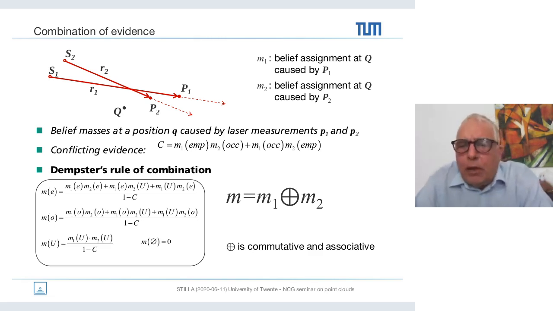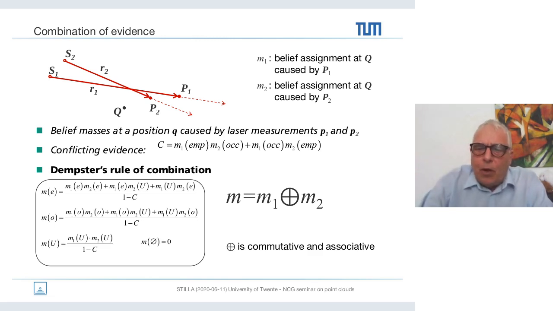The typical combination of two observations is done by Dempster's rule of combination, and we are using this for the belief masses at a position caused by a laser measurement, so we are also able to compute the conflicting evidence.